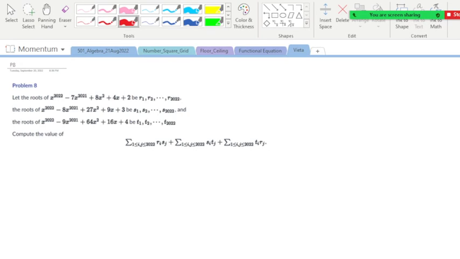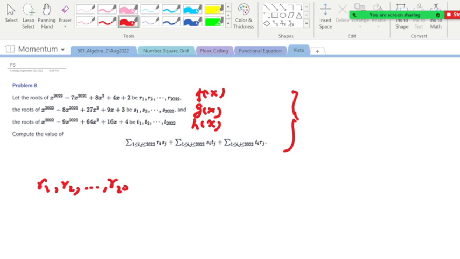Okay. Now let's see this problem. The degree of the polynomials, let's denote them as f(x), g(x), and h(x). For f(x), we have the roots r1, r2 to r2022, right?